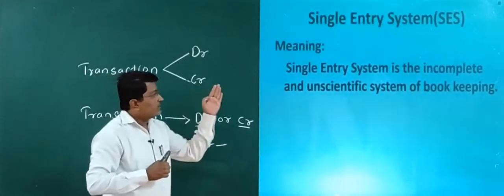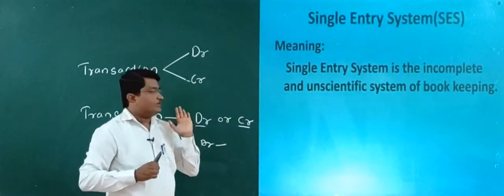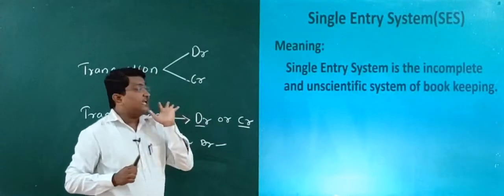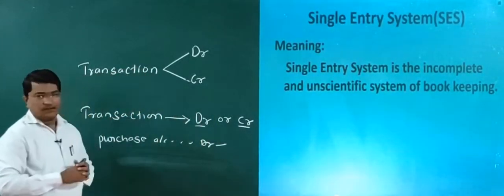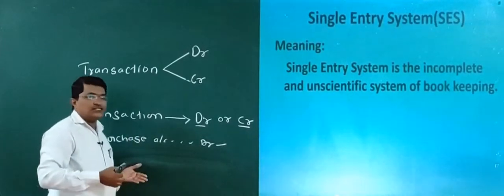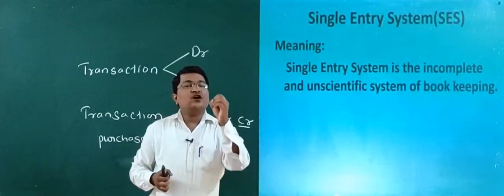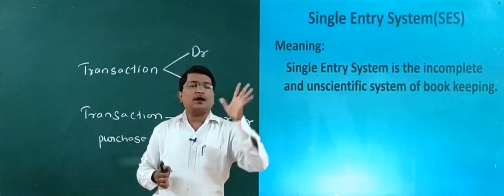So single entry system is an incomplete and unscientific system of bookkeeping. Why am I using unscientific? Because single entry system does not follow the principle or rule of accounting.